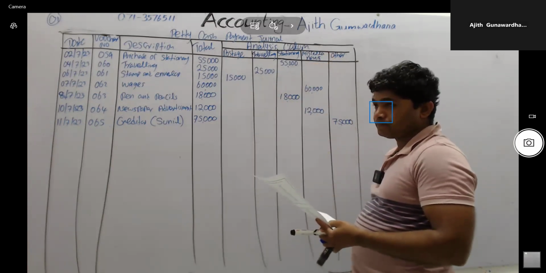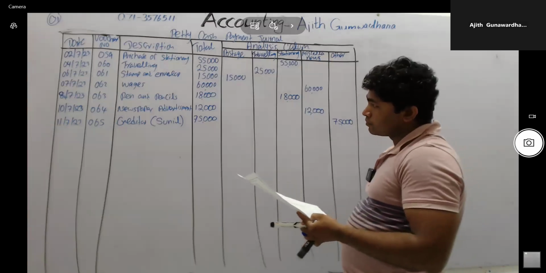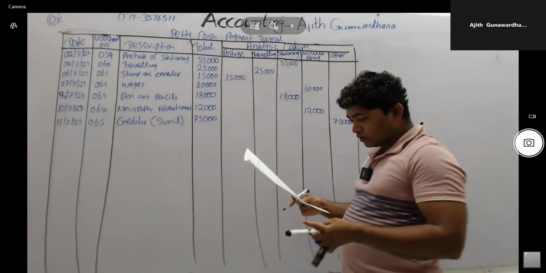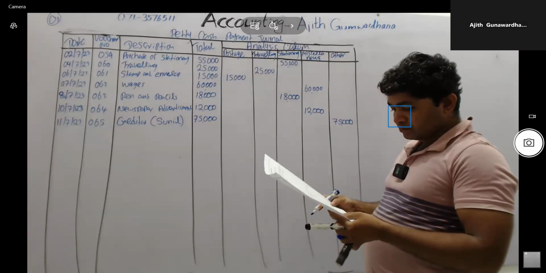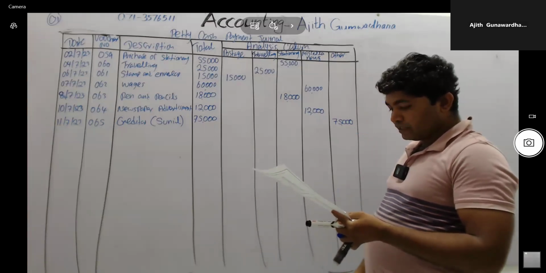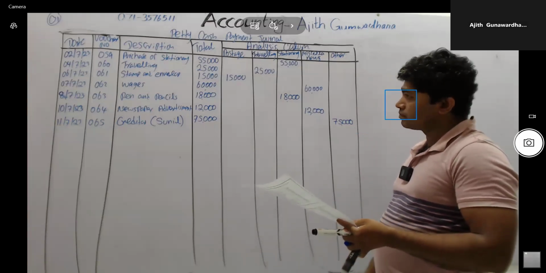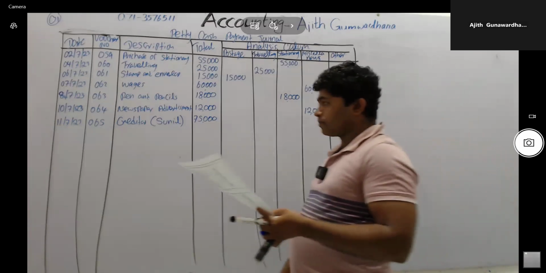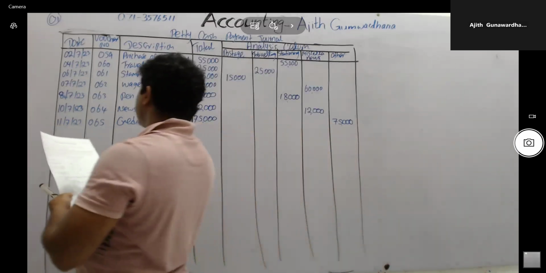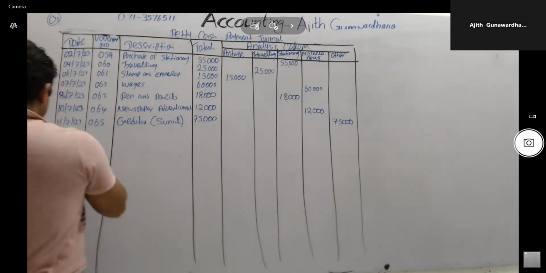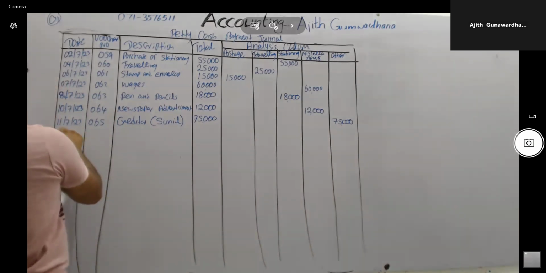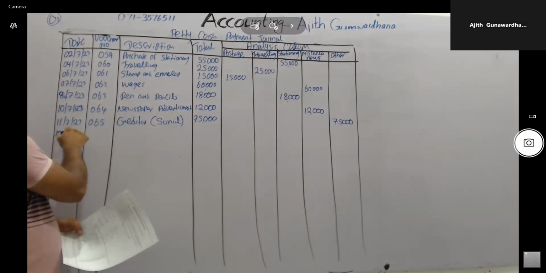Sundry expense. Right, like that record all the transactions. Next one, 12 July 2023. Postage. Separate column available for postage. Think 12th of July 2023.